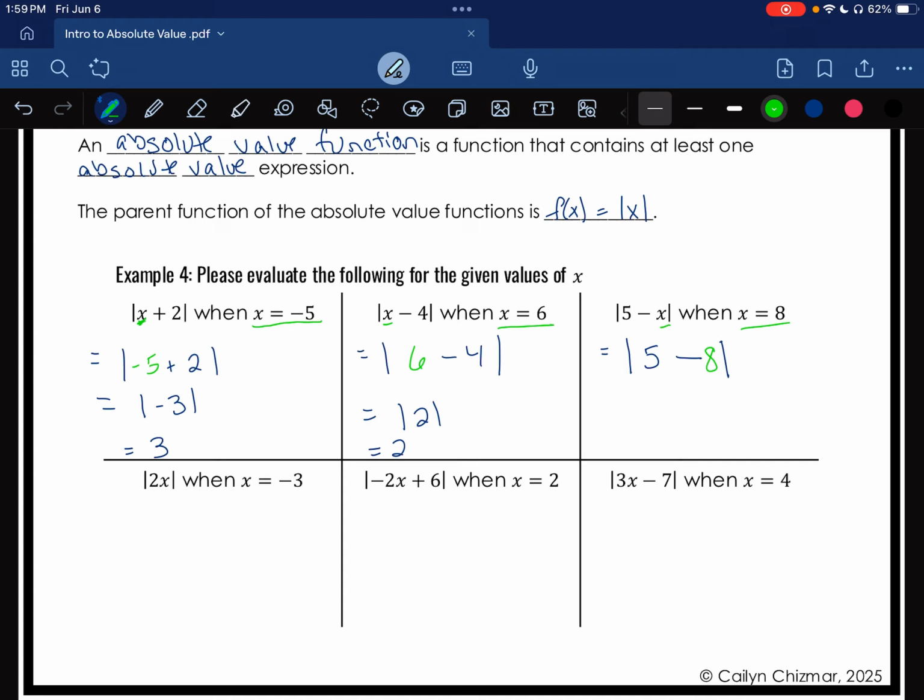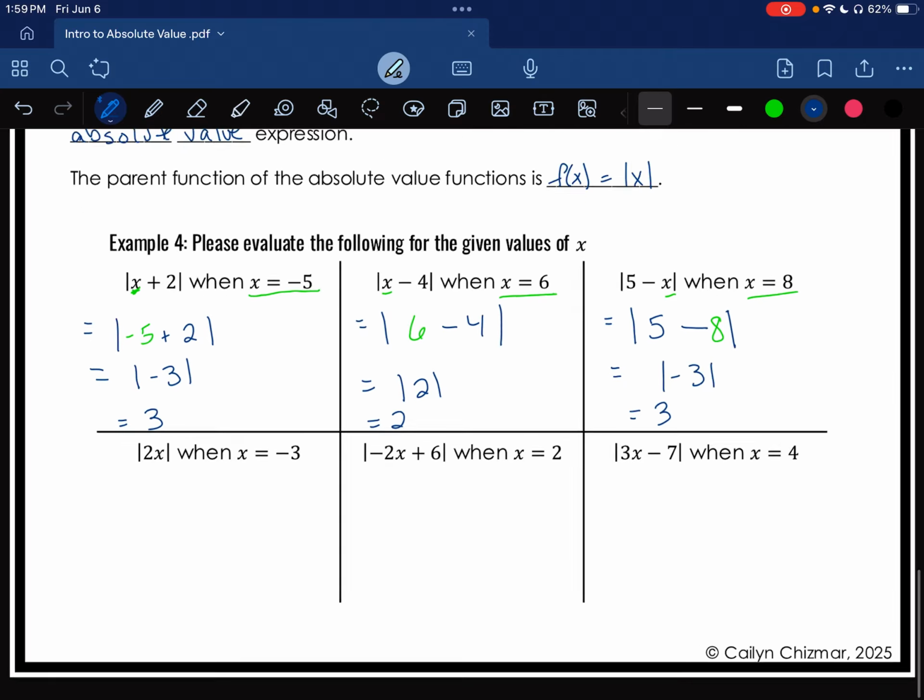All right, so 5 minus 8 is going to be -3, which is 3. All right, so go ahead and do the last 3. Pause the video. Don't cheat. I see you. Pause the video. Come back, and then we'll go over them.